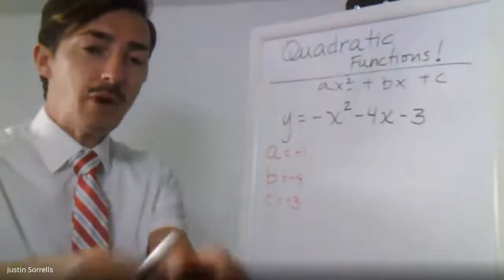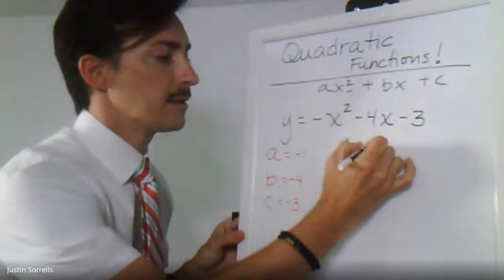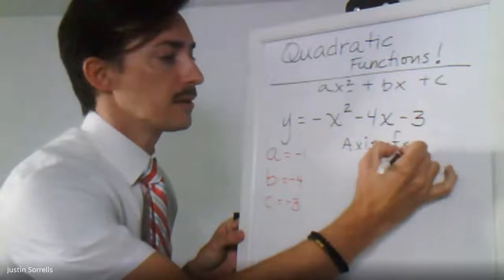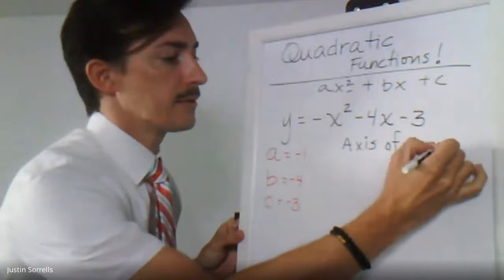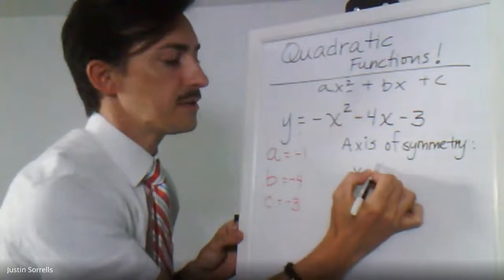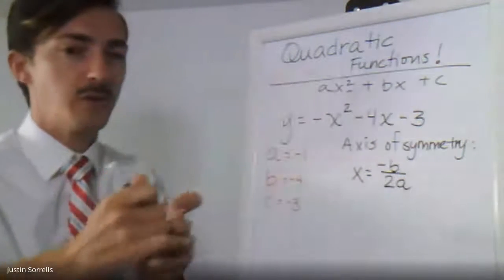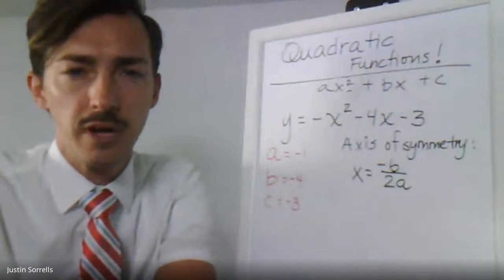Now, I'm going to write up the formula for our axis of symmetry again. And that is x equals negative b over 2a. Now I have a question for you all before we move on.